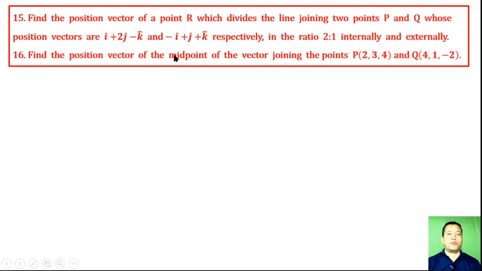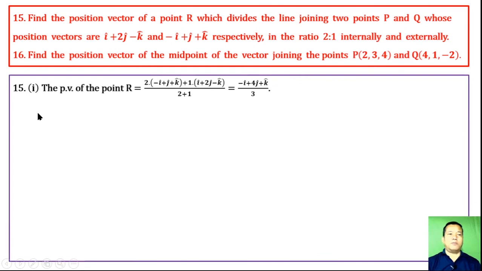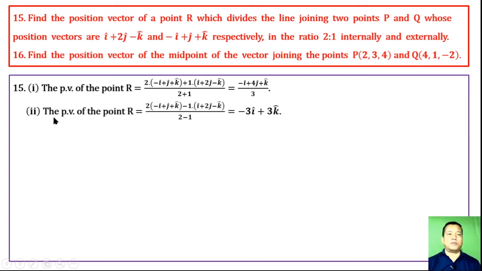The position vector of the point R dividing internally in the ratio 2:1 is, divided over 2 plus 1, we get this. For external division, the position vector of the point R, using the formula with a minus sign, simplifies to this.